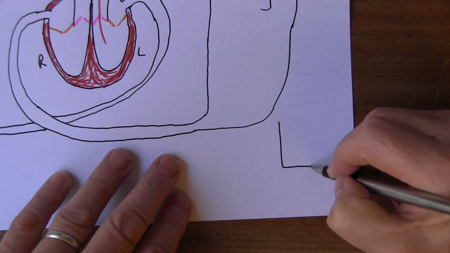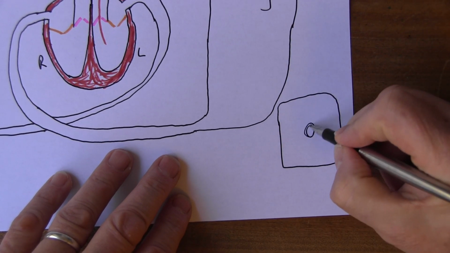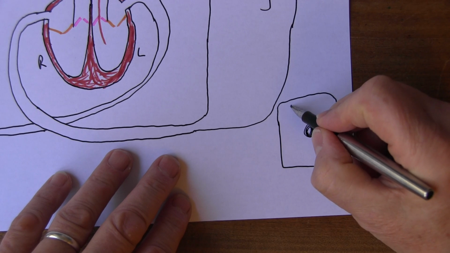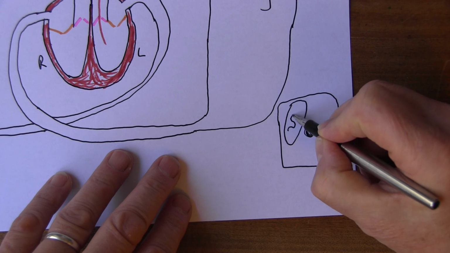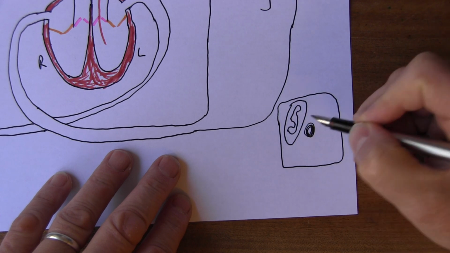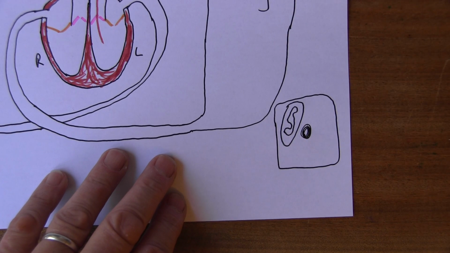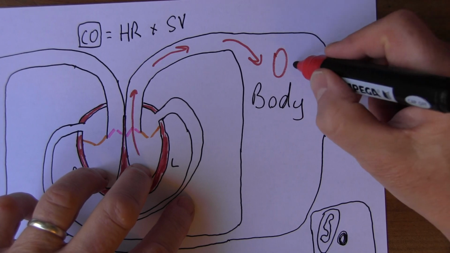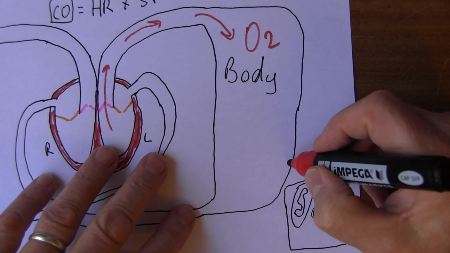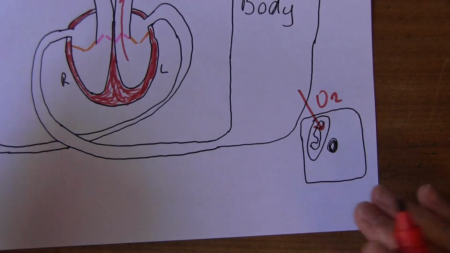So in the body we have lots of cells, each with a nucleus. But of course in the cytoplasm we have these mitochondria, these metabolizing units. Probably several hundred mitochondria. And they need the oxygen. So the reason we need to get the oxygen to the body is in order to get the oxygen to the mitochondria so they can metabolize.